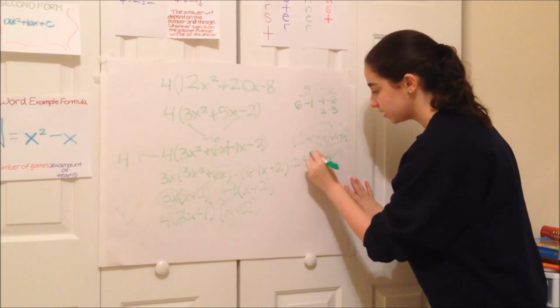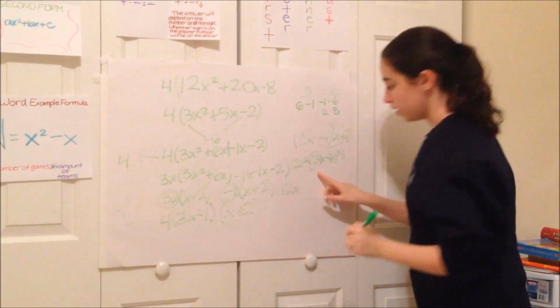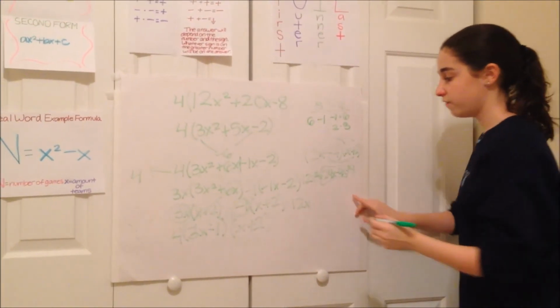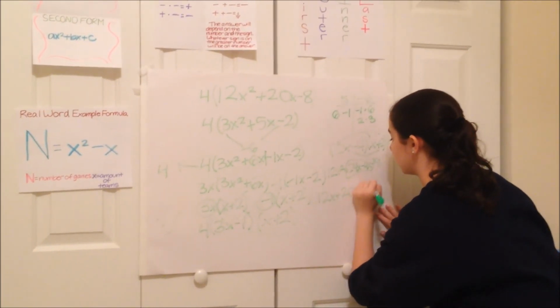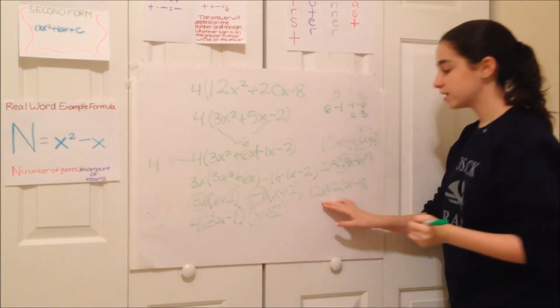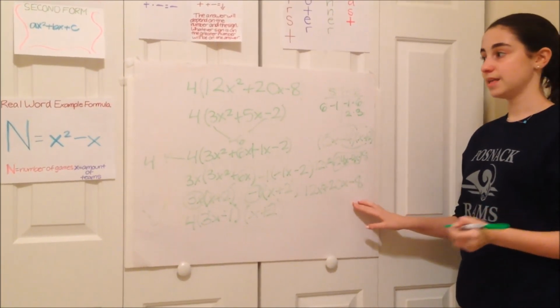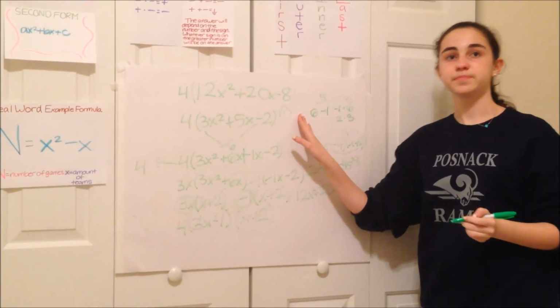Then you can combine the like terms, and we know that a positive 24x and a negative 4x will give you a positive 20x. And then your simplified answer is 12x squared plus 20x minus 8, which is the same as our question.